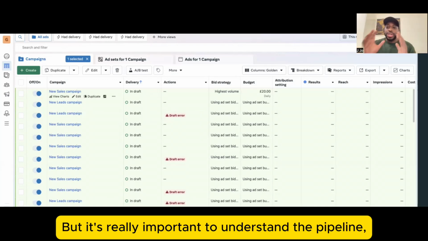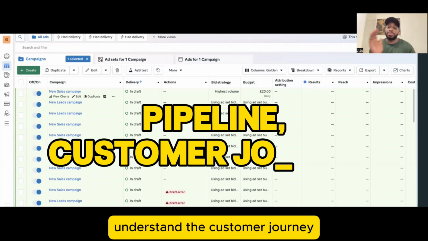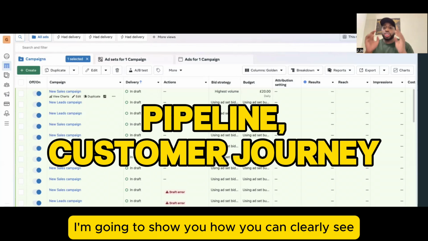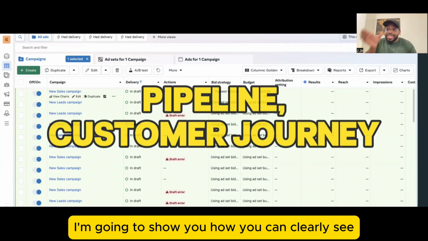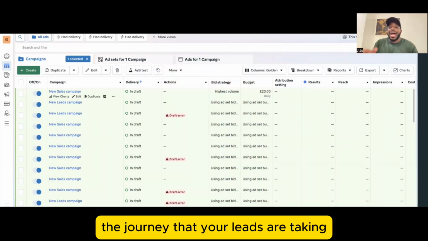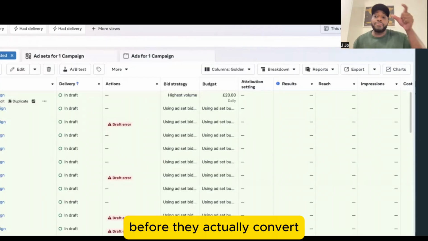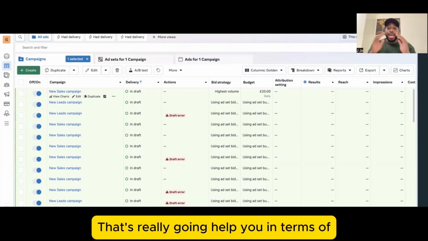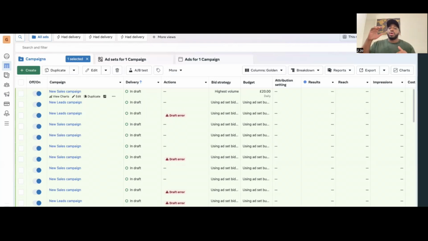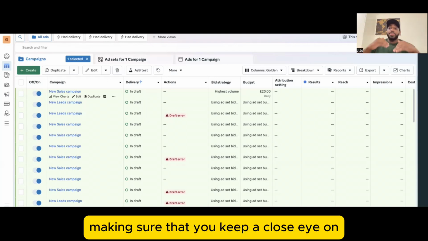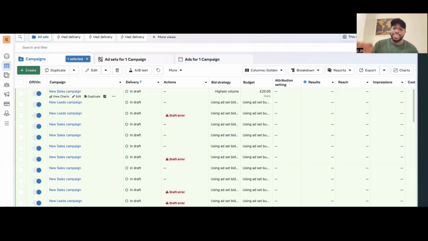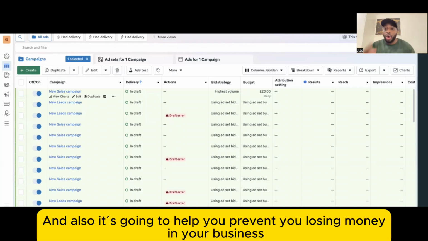But it's really important to understand the pipeline, understand the customer journey. And I'm going to show you how you can clearly see the journey that your leads are taking before they actually convert. That's really going to help you keep a close eye on the type of people that are coming into your business, and it's going to help prevent you losing money in your business.